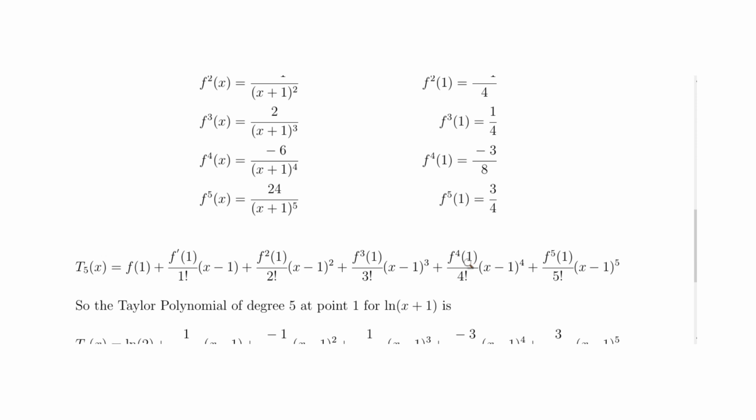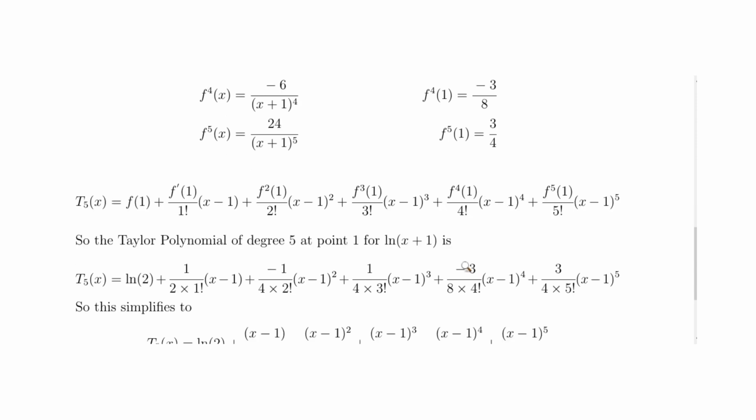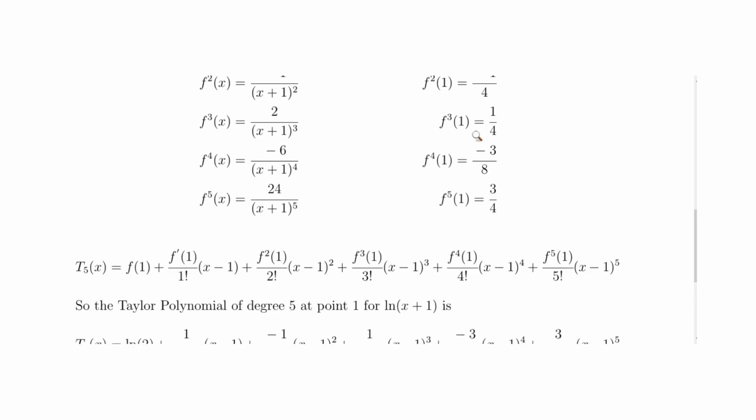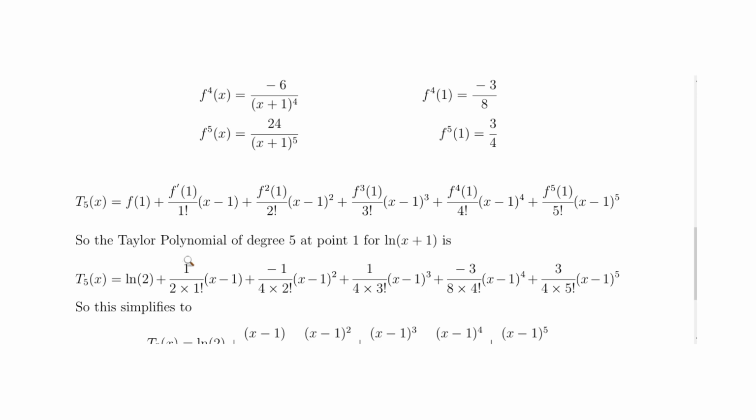Okay, so let's put these numbers in and see where we arrive at. The function f of 1 we knew was ln of 2, and we knew that the first derivative was valued at 1, so let's have a look up here. There we go, first derivative 1, 2 on the bottom, so there's the 1/2, times 1 factorial, x minus 1.